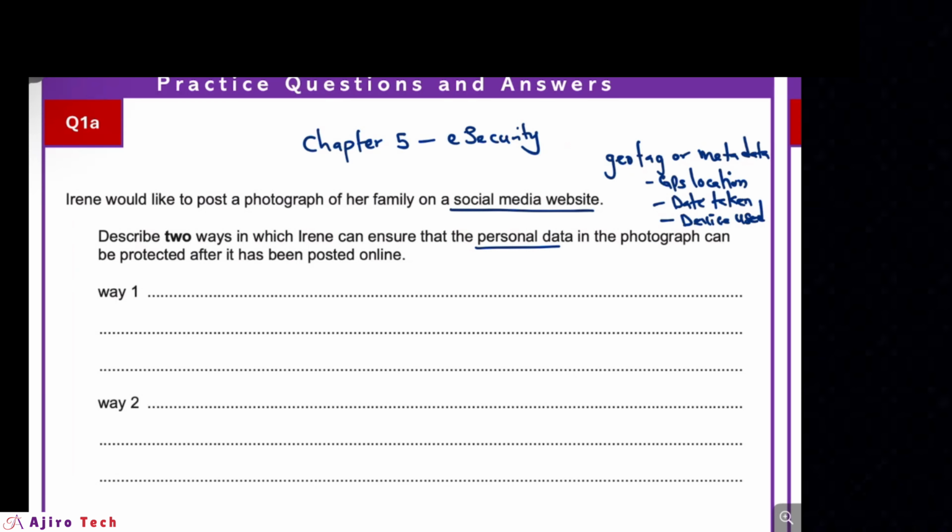So the first thing Irene needs to do is remove the geotag or metadata from the photograph.